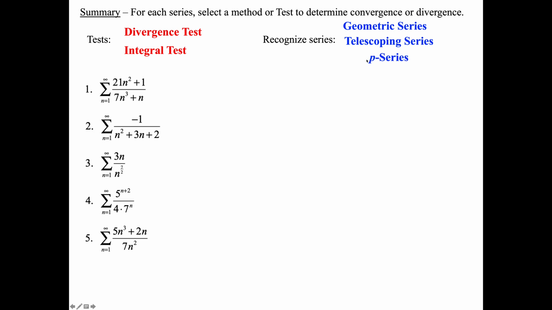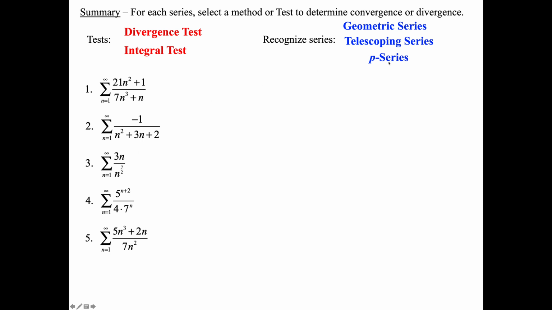Let's look at your tests and your series that we can use. So the only two tests that we have so far is the divergence test and the integral test. Our series are geometric, telescoping. Again, remember, these two can actually find the sum. And your p-series, this one you can't find the sum, so make a note.